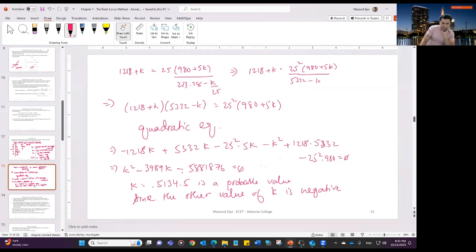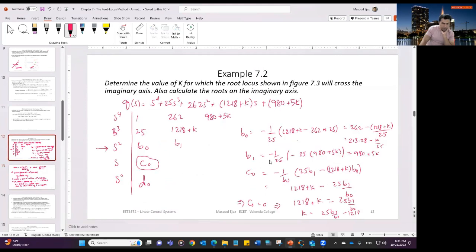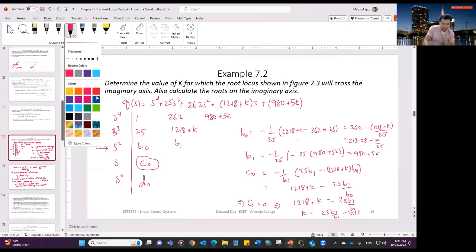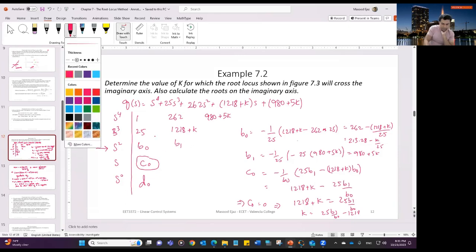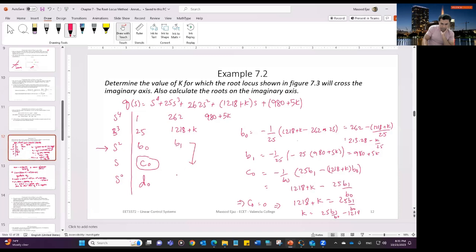So when you have the value of k that, if you did not make any mistake, is going to produce roots on the y-axis, then you can write down your equation from this s squared, which will be b naught s squared plus b1 is equal to 0.